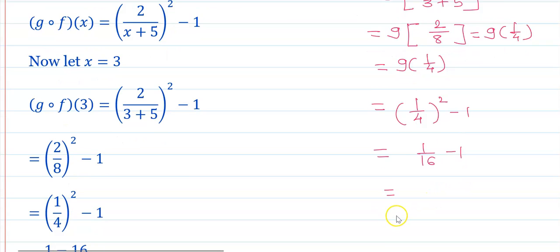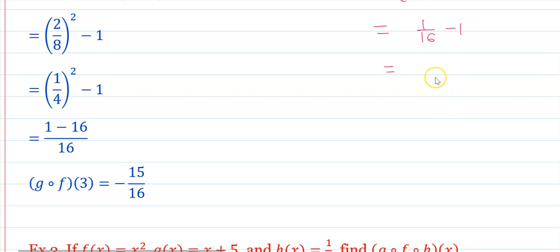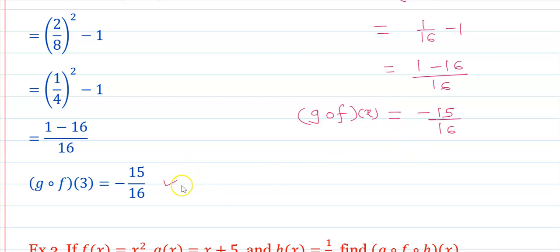And hence, if we simplify it, then you will get 1 minus 16 upon 16, and that is equal to minus 15 upon 16. And this is the GOF of x.